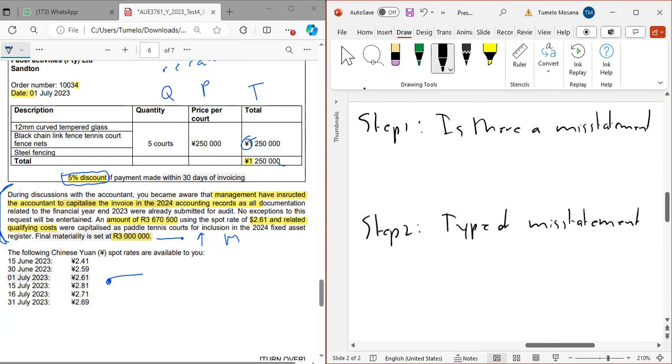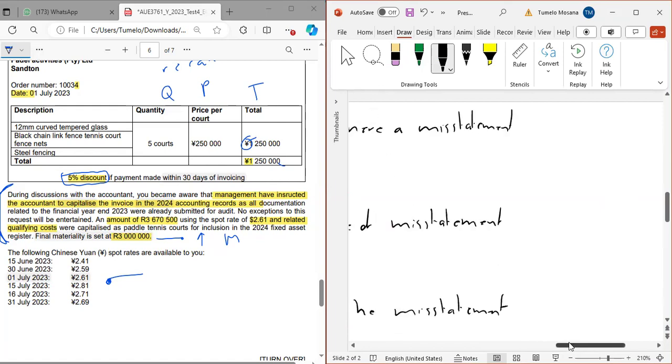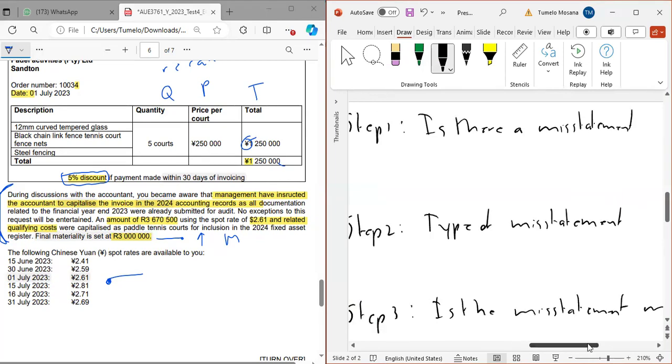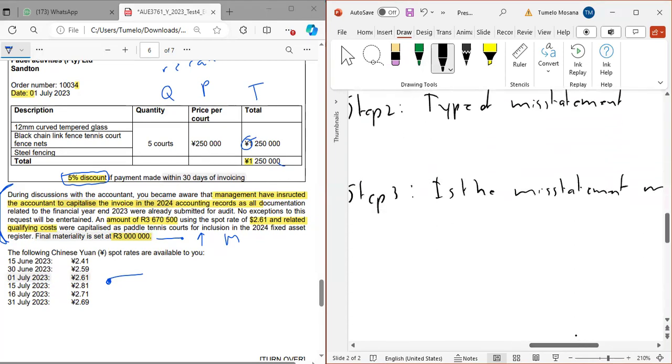Step two is the type of misstatement. Then step three, you would state whether the misstatement is material. Then step four, you look at whether this is material and pervasive.